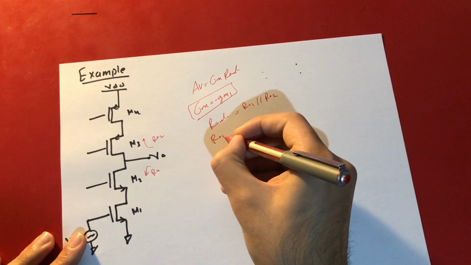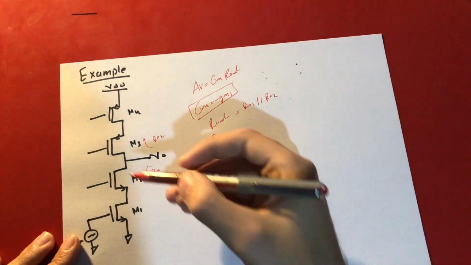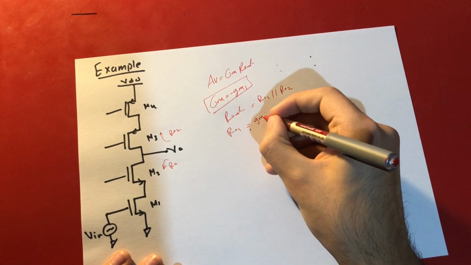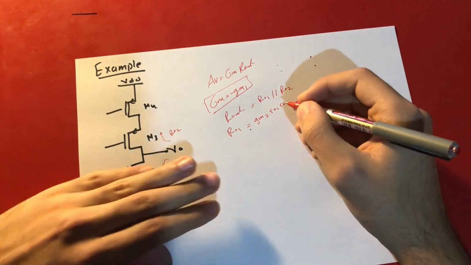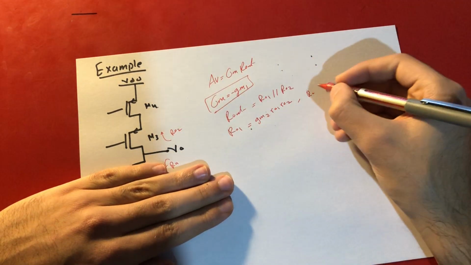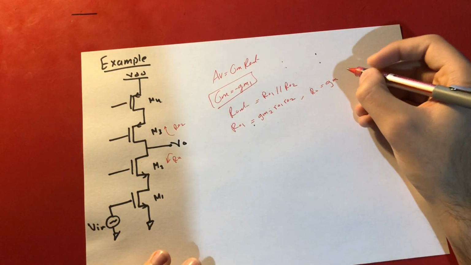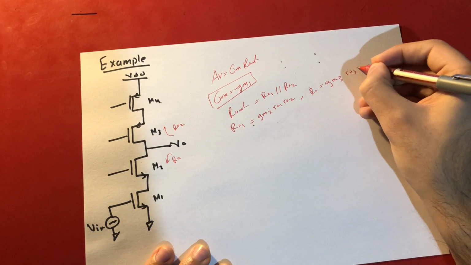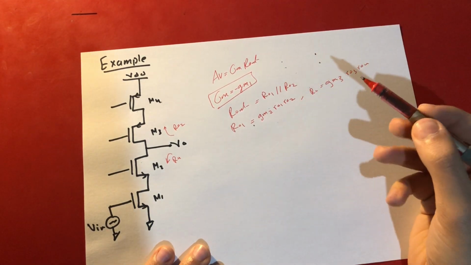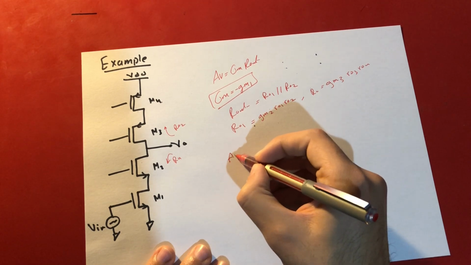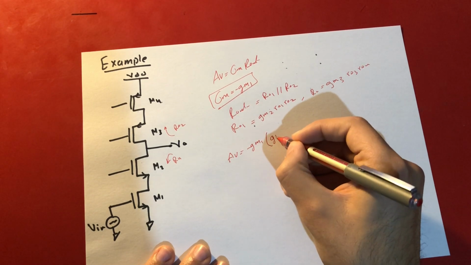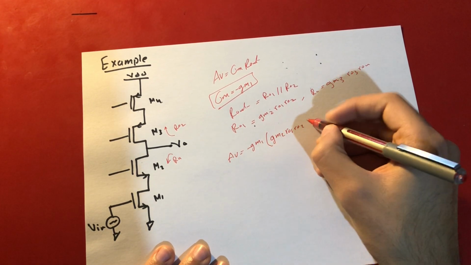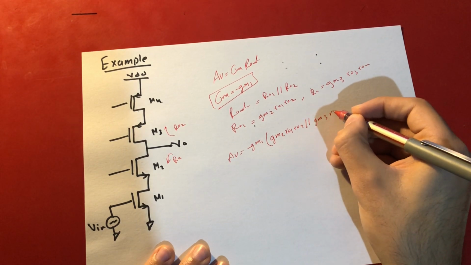What is RO1? Look at them separately. This is RO1, right? So it's nothing but GM2 RO1 RO2. And RO2, like this one, this is ground, right? So it is GM3 RO3 RO4. So AV is minus GM1 times GM2 RO1 RO2 parallel with GM3 RO3 RO4.